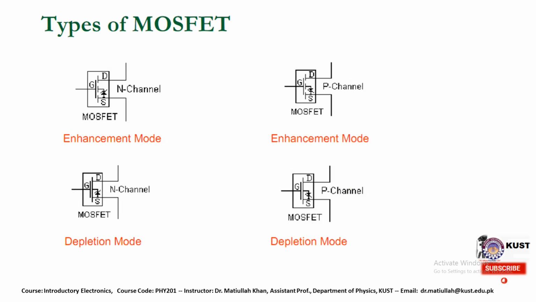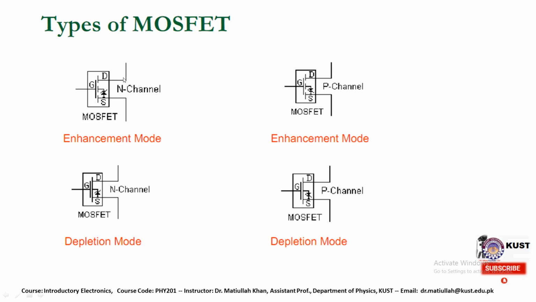We have different modes of the MOSFET, just like we have in the junction field effect transistor, where we have different modes. In the same way, we have different modes for MOSFET. We have the enhancement mode with this configuration. This is also in enhancement mode.